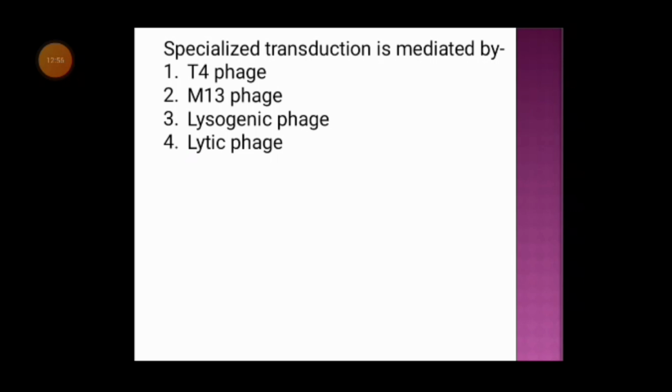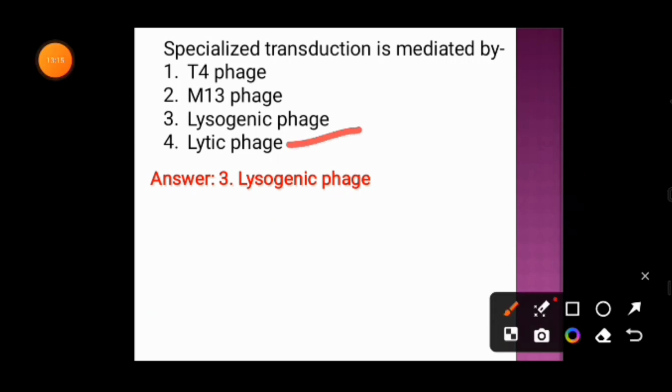Next question. Specialized transduction is mediated by option 1, T4 phage, option 2, M13 phage, option 3, lysogenic phage, option 4, lytic phage. And the correct answer is option 3, lysogenic phage. Specialized transduction is mediated by lysogenic phage, whereas generalized transduction is mediated by lytic phage.